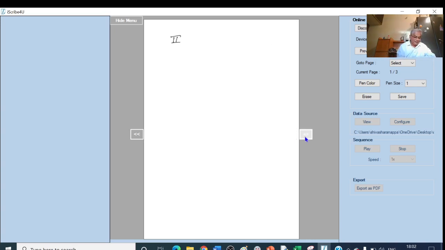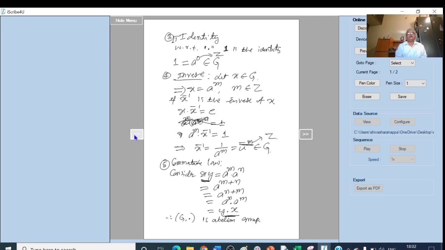Second example, G is equal to 3 to the power of n where n belongs to Z with respect to multiplication. So this example is similar to example 1. You just have to replace a by 3 here.